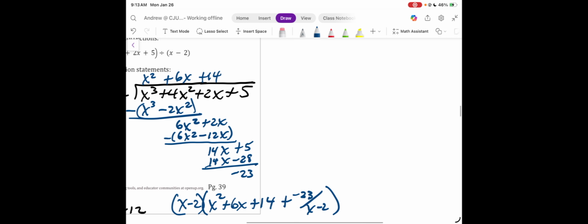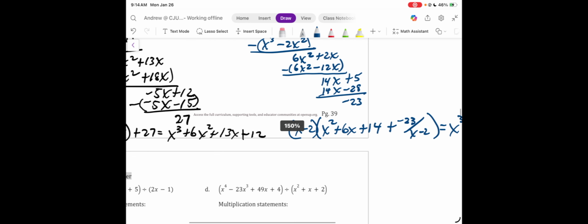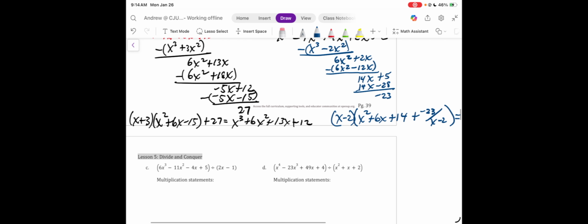And that is equal to the original dividend, x cubed plus 4x squared plus 2x plus 5. You notice on one of the styles, the remainder is inside the parentheses, and the other one, the remainder is not inside the parentheses.